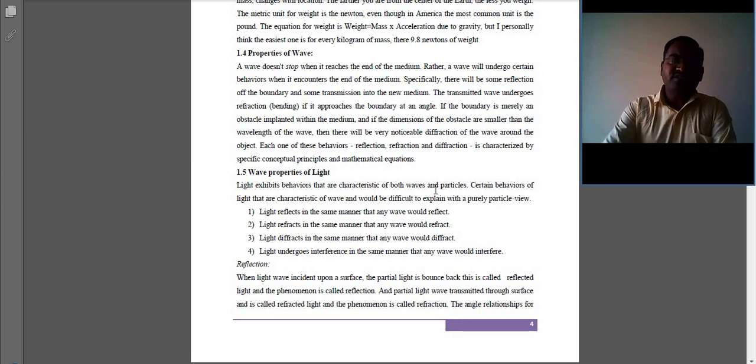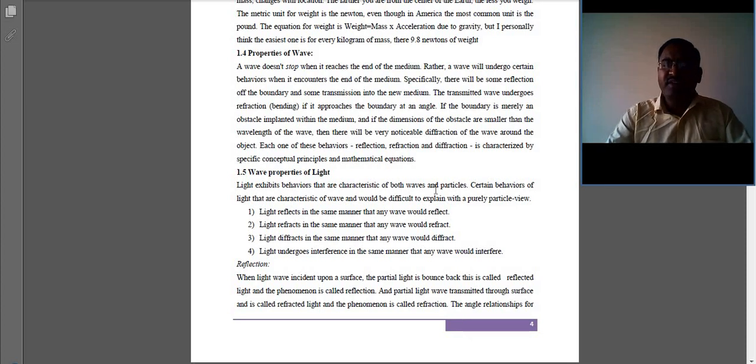The properties of waves: we consider reflection at some boundary and some transmission.